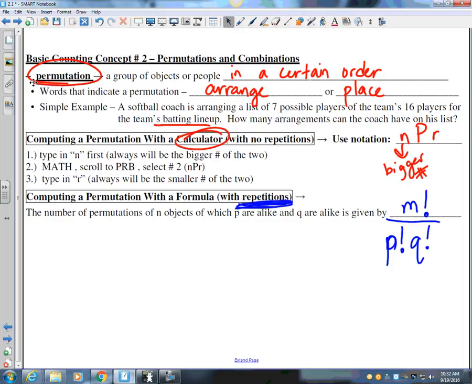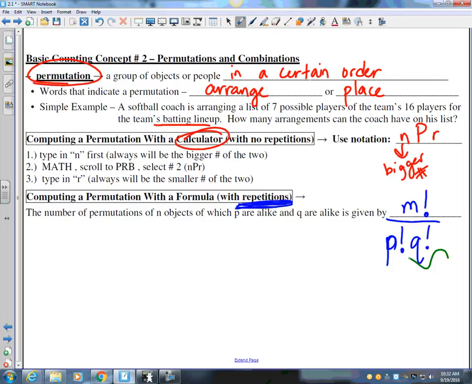There's some exclamation points there. I know. It'll make sense when we do a problem. We're not there yet.